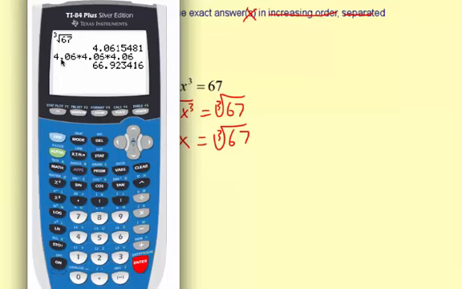You actually can't write a decimal that'll multiply by itself to make exactly 67. I mean, you could even get so close that it looks like it on the calculator because you run out of decimal places. It'll round automatically to 67. But that really doesn't mean it's equal. It's just close enough so that the calculator can't even tell the difference. But this cube root of 67 is irrational.